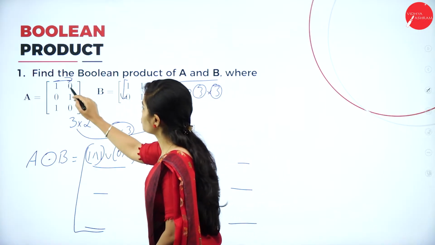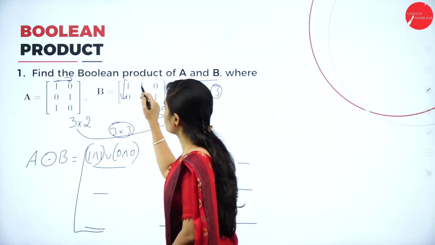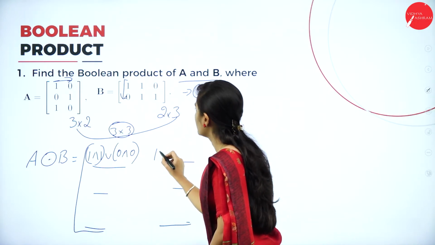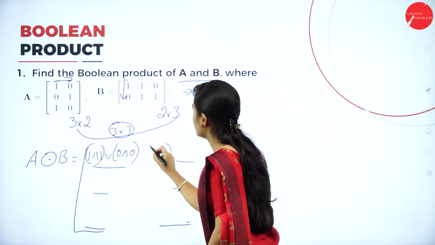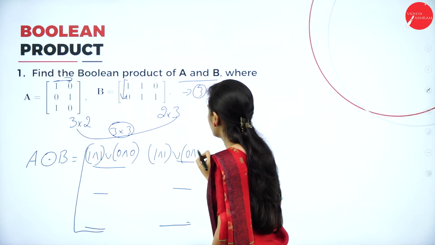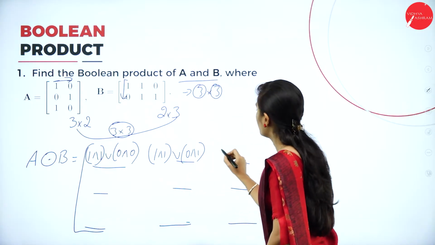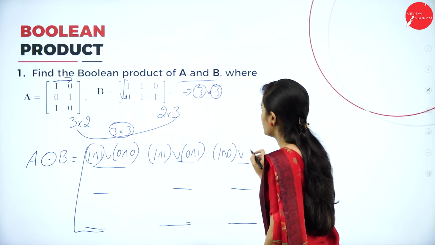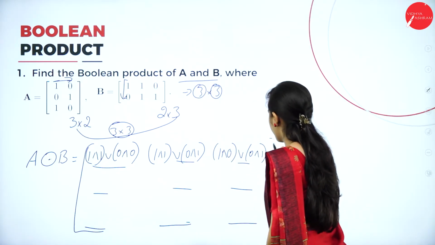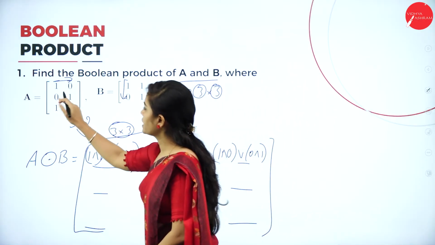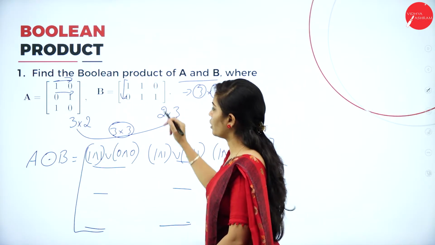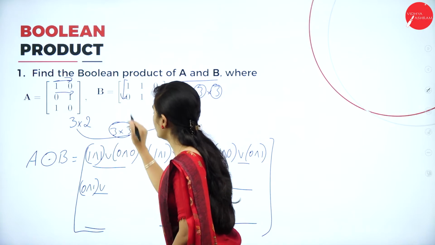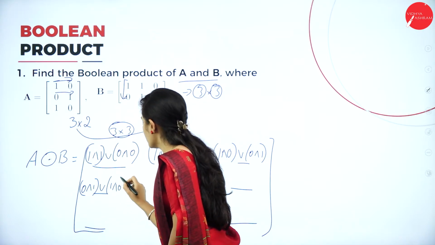Here, first row with first column, again first row with second column, again first row with third column. First row with the first column: 1 and 1 OR 0 and 0. With the second column: 1 and 1 OR 0 and 1. And the third column: 1 and 0 OR 0 and 1. Next, the second row, 0, 1, with all the columns. 0 and 1 OR 1 and 0.